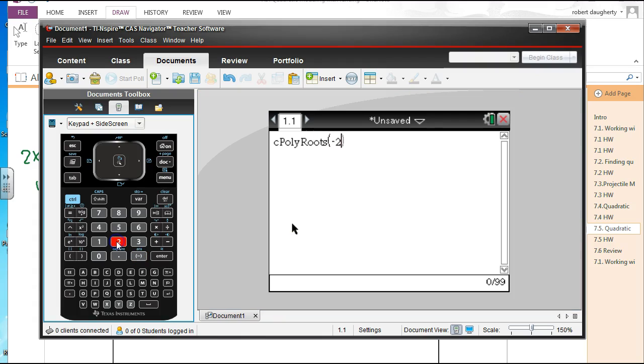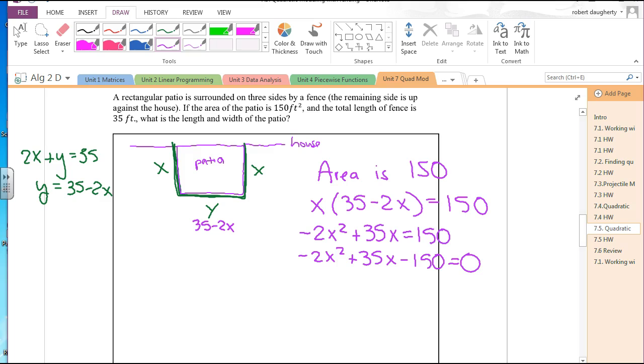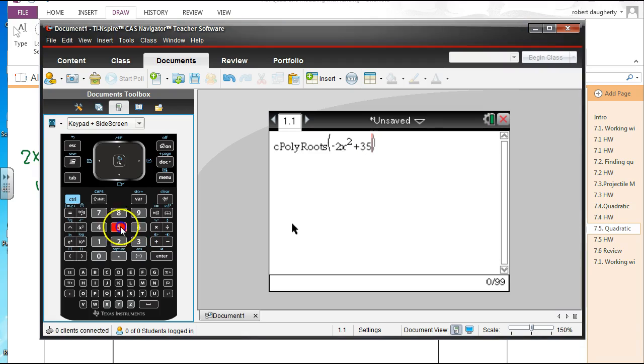Negative 2x squared plus 35x minus 150. That is equal to 0, but I know that's already implicit in this formula. Solve that for x. X is equal to, what was it, 15 halves and 10?